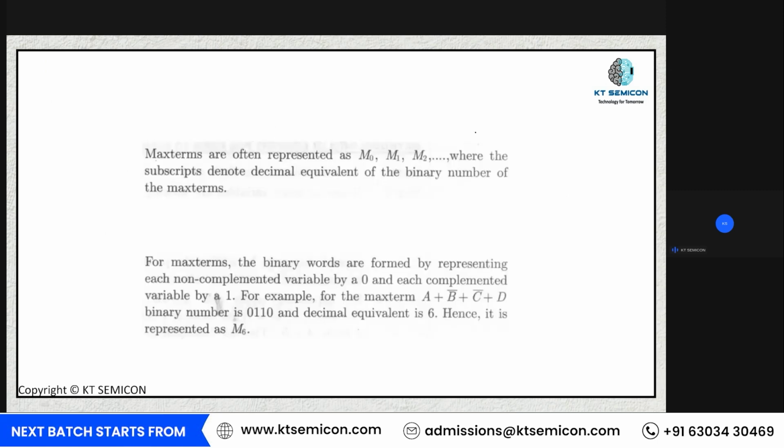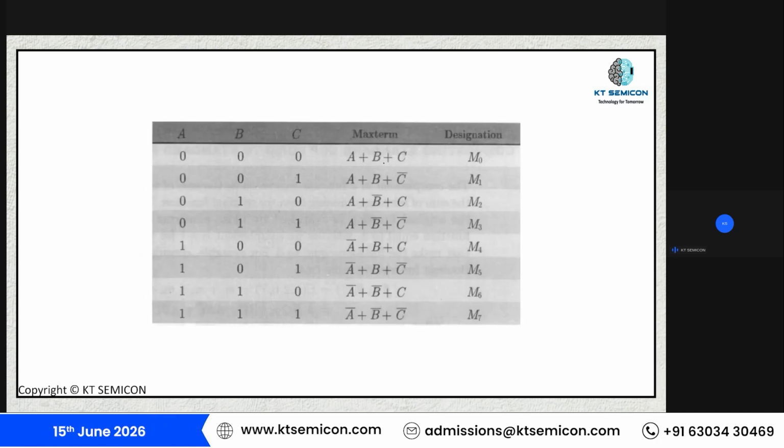Max terms can also be represented by capital notation, where the subscripts denote the decimal equivalent of the binary number of the max term. This is the best example we can take for a max term. So 000 can be written as a + b + c. You can see here that for representing 0, I am not writing it in complemented form, but in its original form.